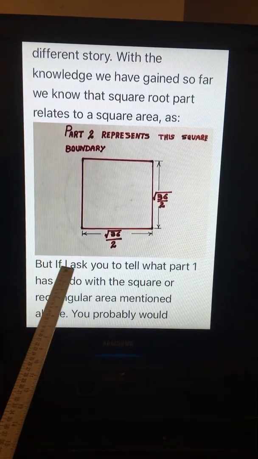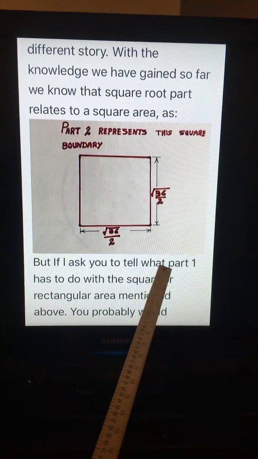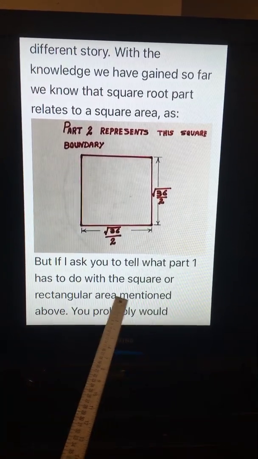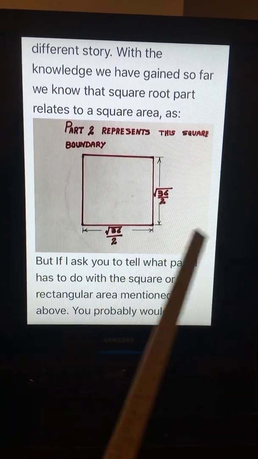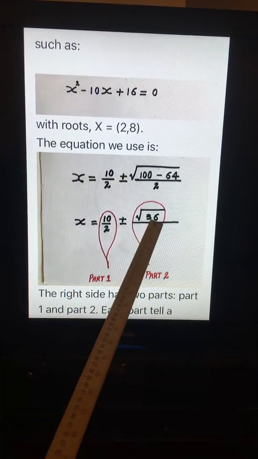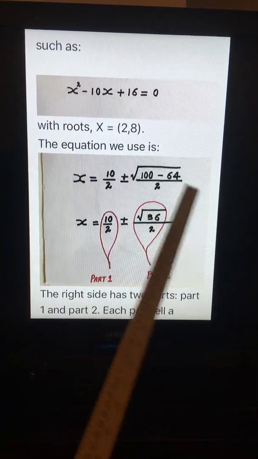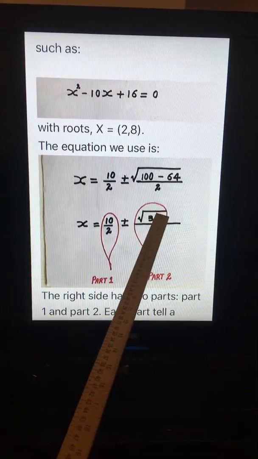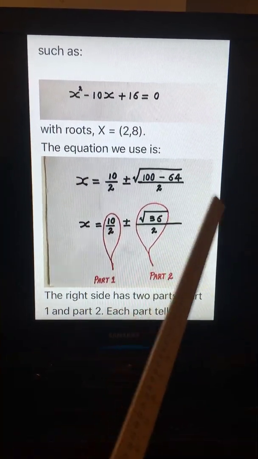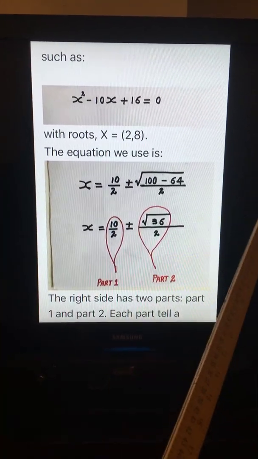But if I ask you to tell what part 1 has to do with the square or rectangular area mentioned above, this part does mention the square, but this part we don't know what it tells us about, and that's our question right now.